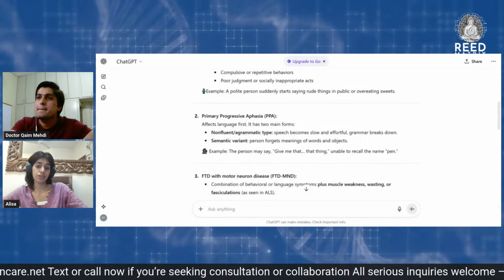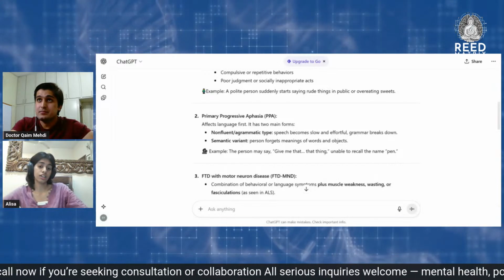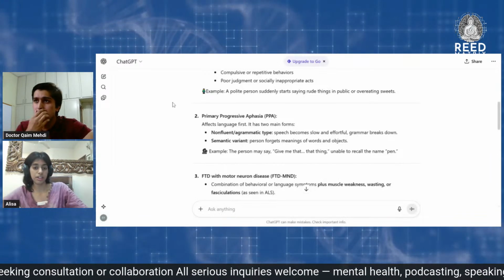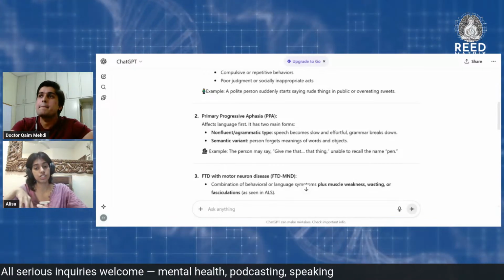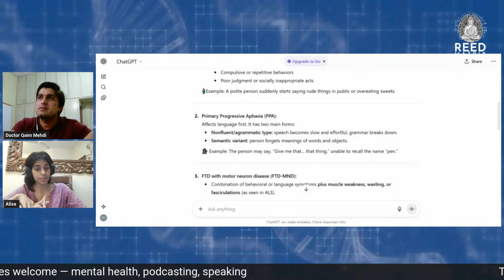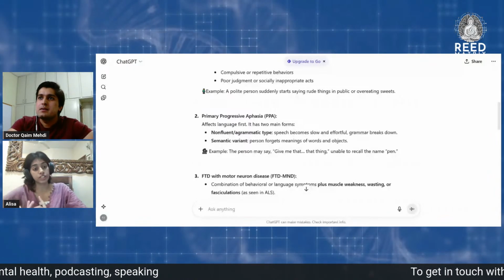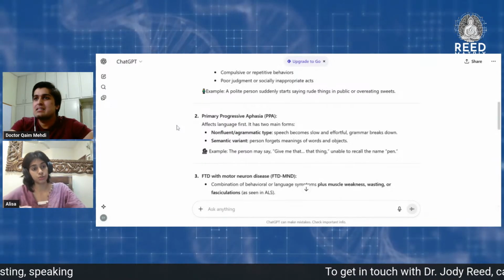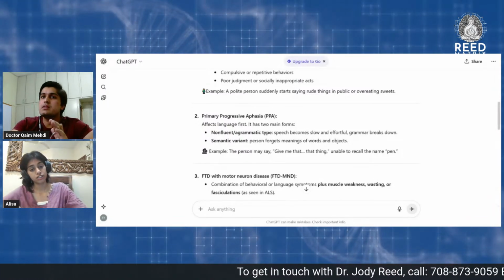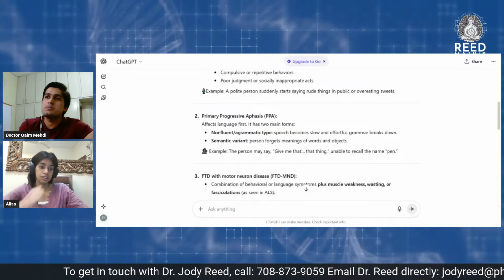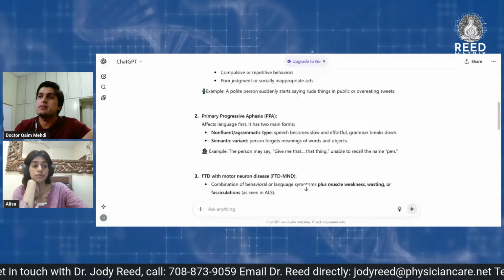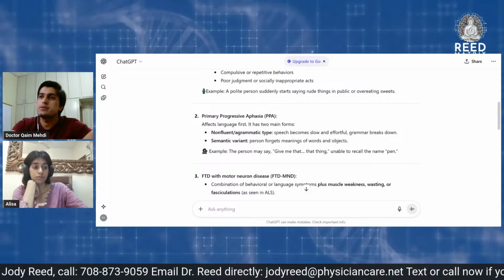So the semantic variant is basically like you're not able to comprehend the content of the language itself. And the agrammatic type is basically trouble in delivering the language, right? So this is the difference between the two. Yes. In one, you are not fluent in that language, and in the other form, you are unable to comprehend whatever is being said to you.